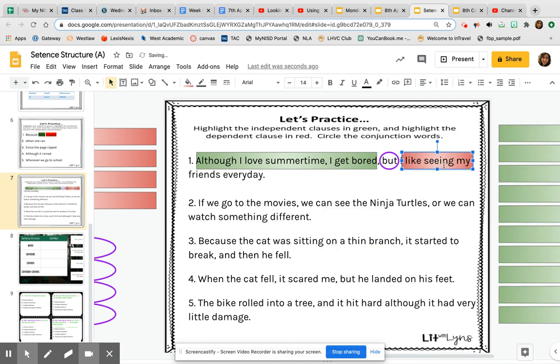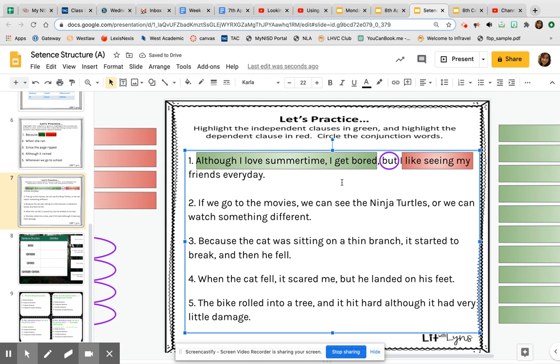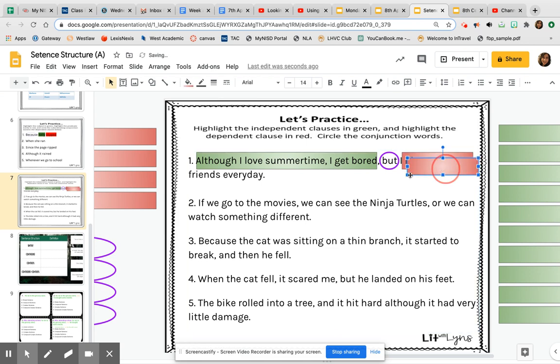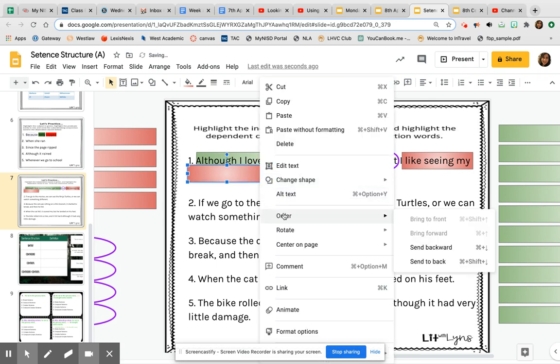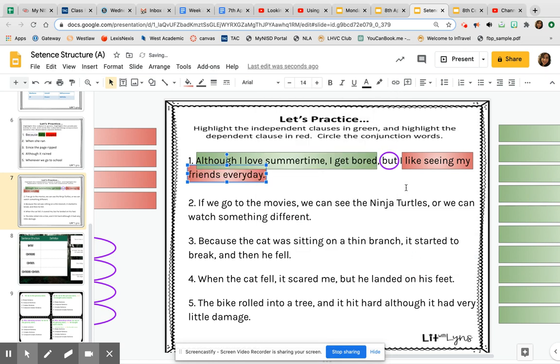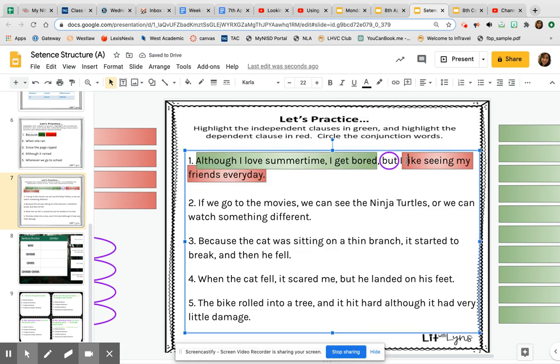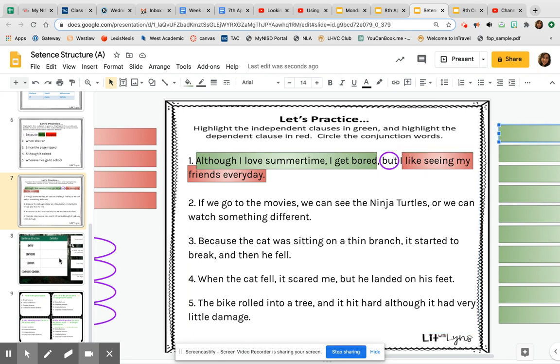Okay, and I can copy and I can paste another one to highlight the end part here. And that is how we will complete this portion. I know it's a little difficult. We will get through it. Just try your best, okay?